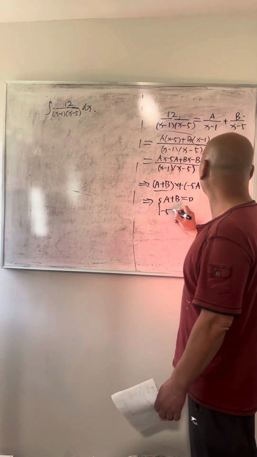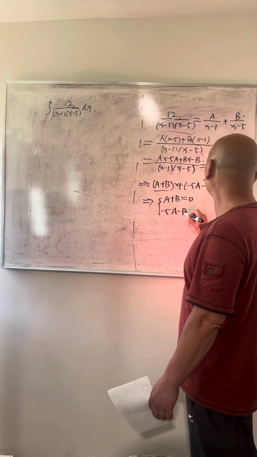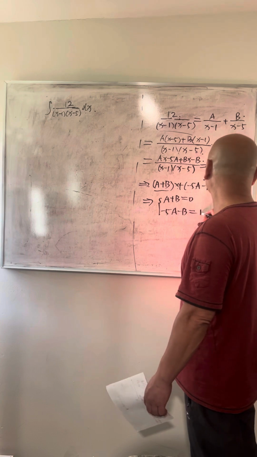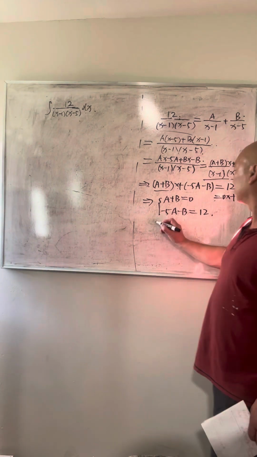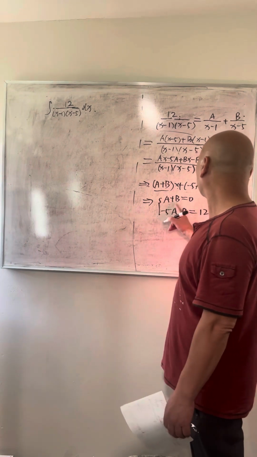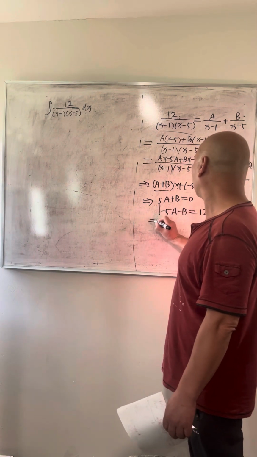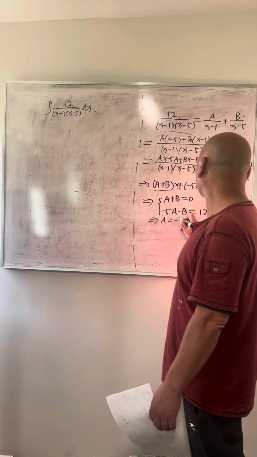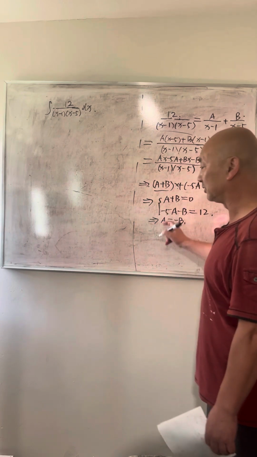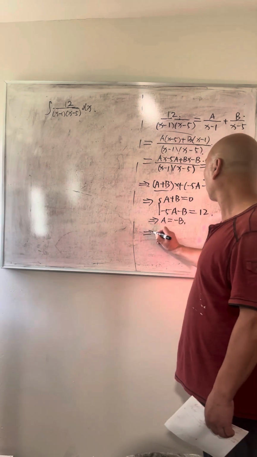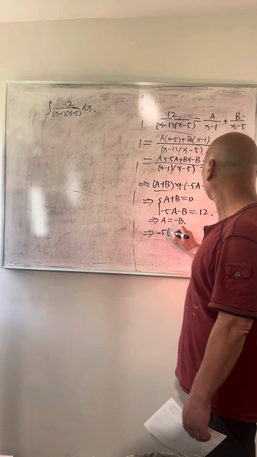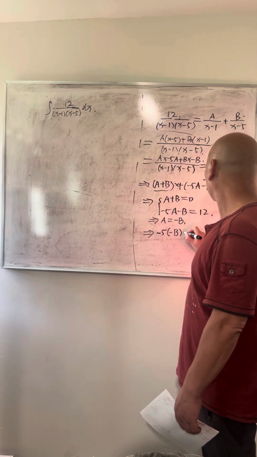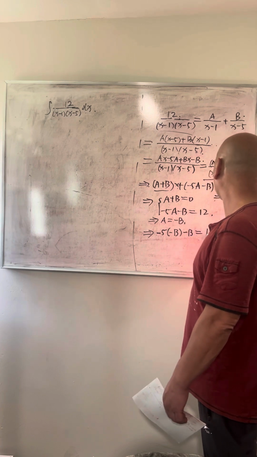So negative 5a minus b should be 12. We saw that a equals negative b. Substitute down here: negative 5 times negative b minus b is 12.